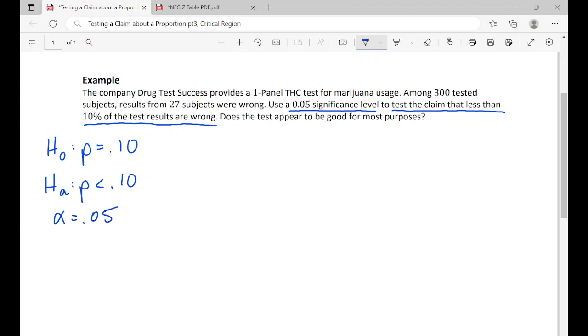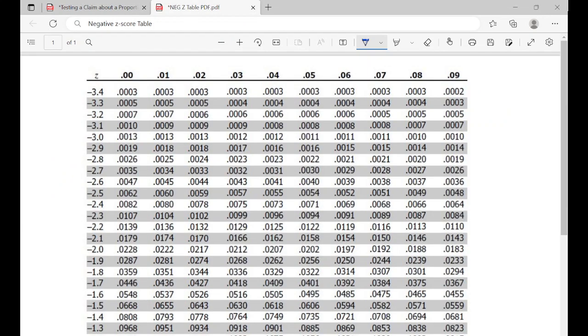So we can go into our z-chart for this, and we can look for the closest to 0.05, which is going to be in between these two values since they're the closest, right here. So negative 1.6, and it's going to be in the middle between these two, so 0.045.